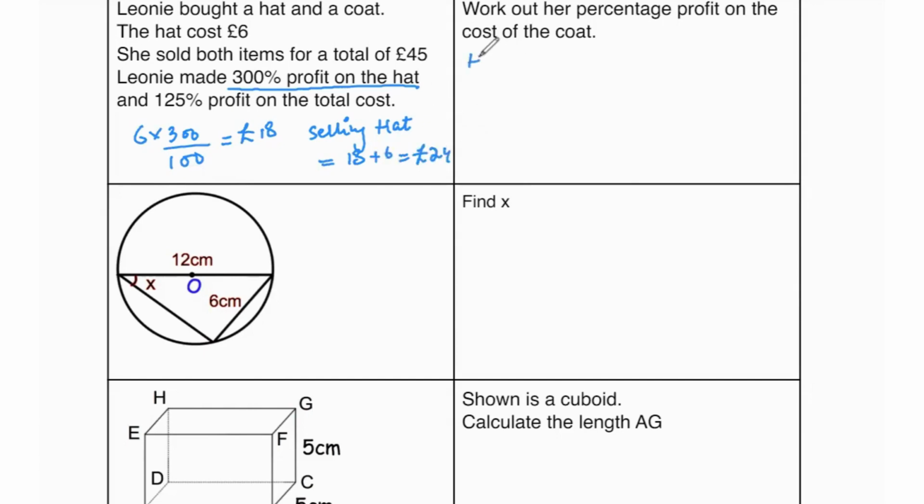So we make a column for hat and a column for coat, and this is cost, this is selling. So cost price of the hat is 6 and selling is 24. Since she sold both items for £45, selling of the coat will be 45 minus 24, which is 21.